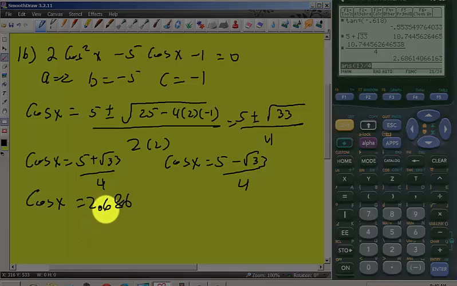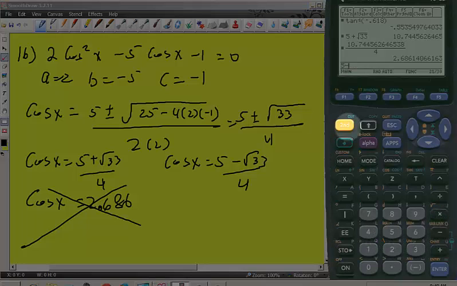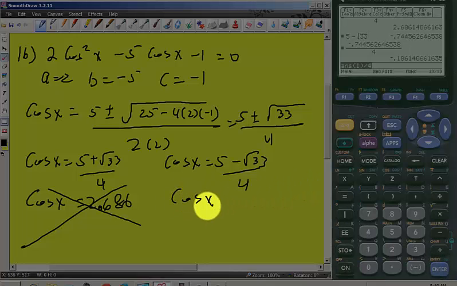And that's good news. What's so good about this? It's too big, so we can move on to the negative one. 5 minus root 33, divided by 4. That's not too big. Cosine is equal to negative 0.186, so we have to work this out.